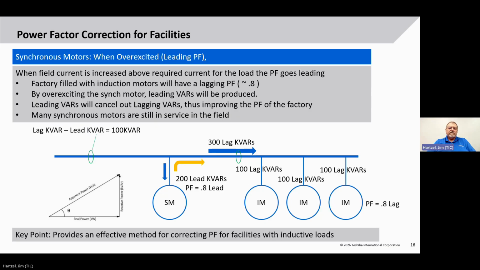So you would see these for many applications in a paper mill to do power factor correction. If you didn't do it this way, you would have to add power factor correction caps or static VAR compensators and other type of equipment. But this was a fairly good way to do power factor correction.